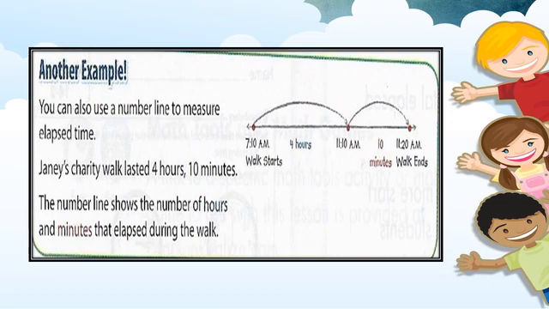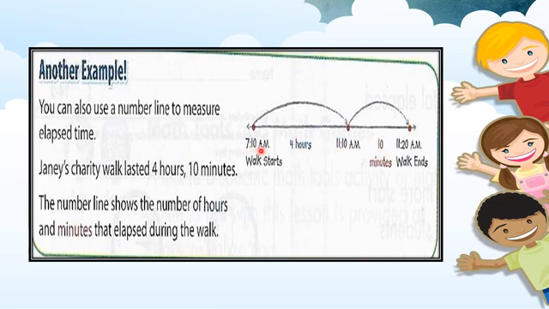The first location on the number line is the time the walk started. So it's 7:10 a.m. And then it lasted for 4 hours. So 7 plus 4 gives you 11, and you have 10 minutes here, so it's 11:10.